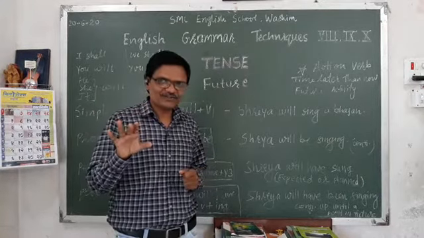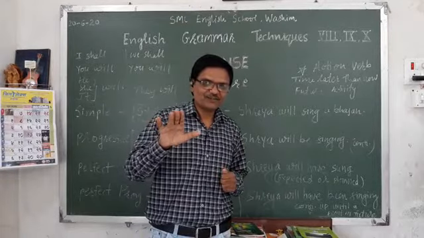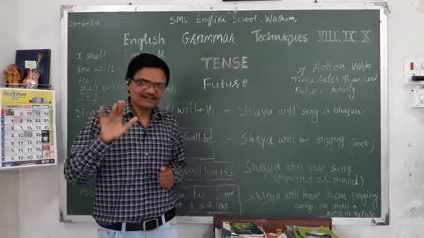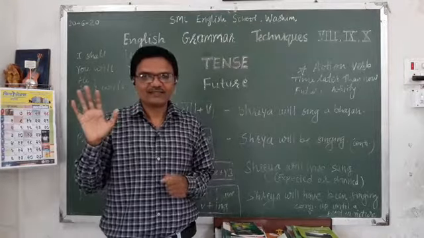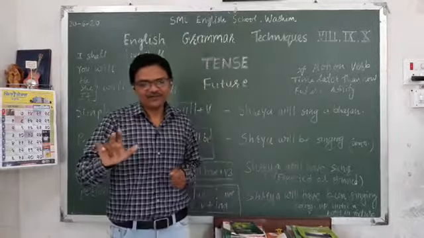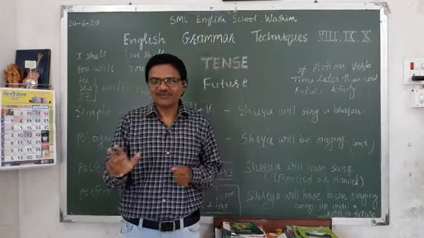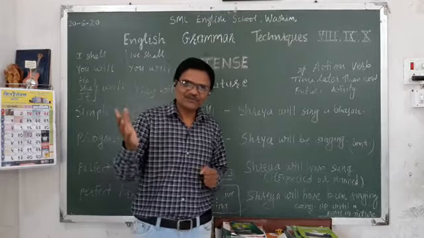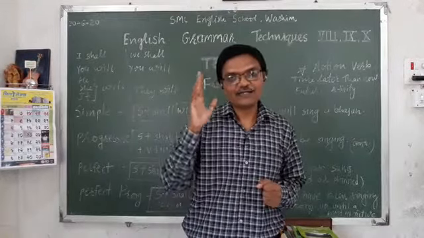By the year 2027, you will have secured your job. By the year 2029, you will have realized all your dreams. Okay? And by the year 2030, you will have well settled in your life.